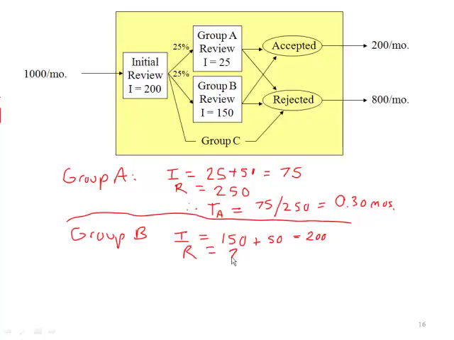Flow rate's going to be again 250 per month. So therefore, the flow time for group B is going to be 200 divided by 250, which comes out to be 0.7 months.